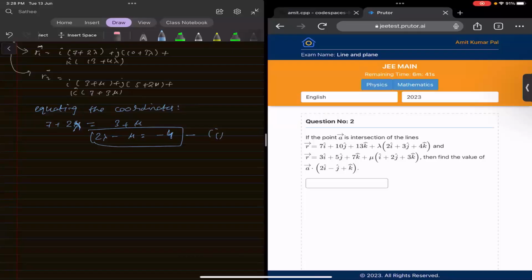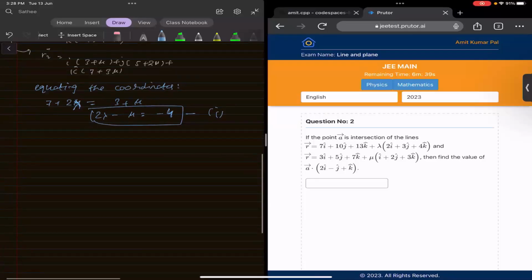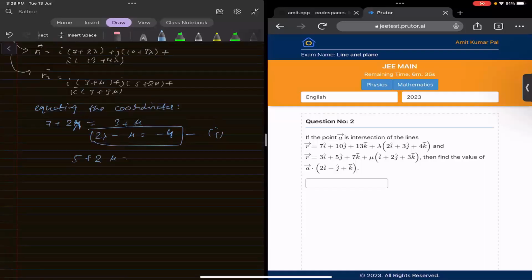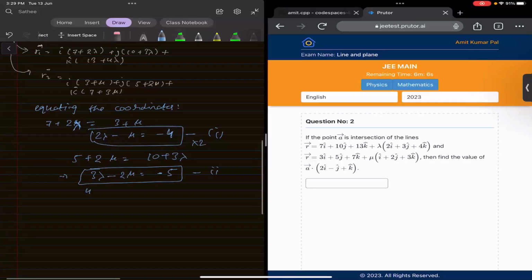If we compare the j coordinate as well, 5 plus 2 mu equals 10 plus 3 lambda, so 3 lambda minus 2 mu equals minus 5. This is our second equation. Now let's solve these two equations. Multiply the first equation by 2, so it becomes 4 lambda minus 2 mu equals minus 8.